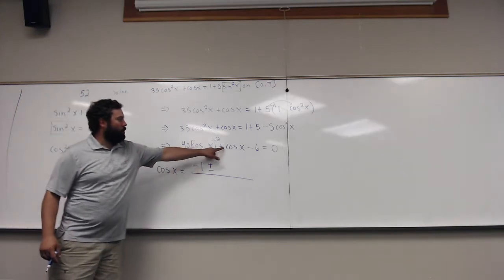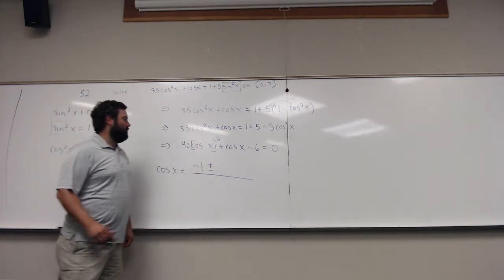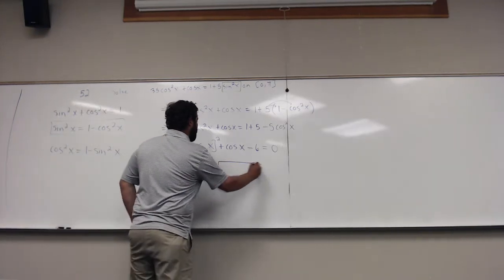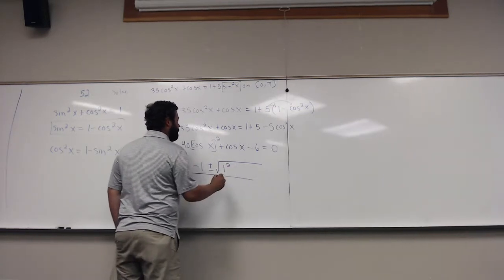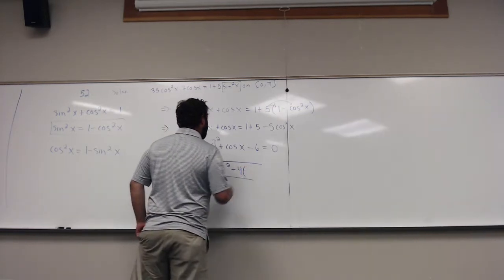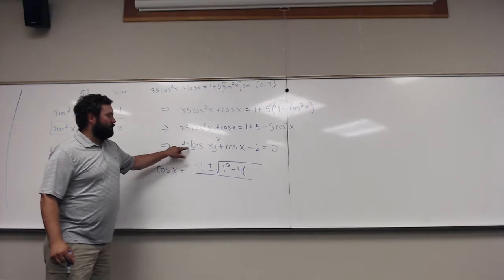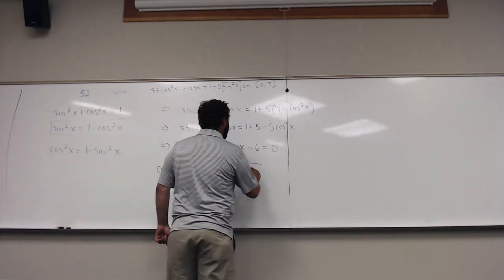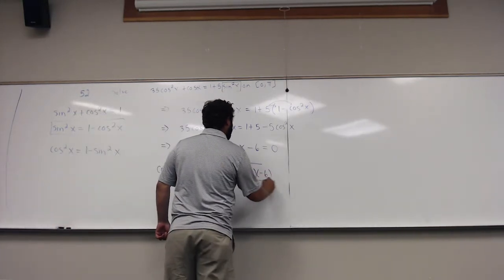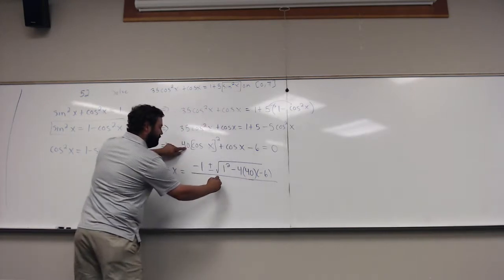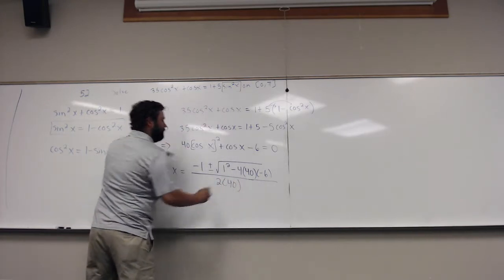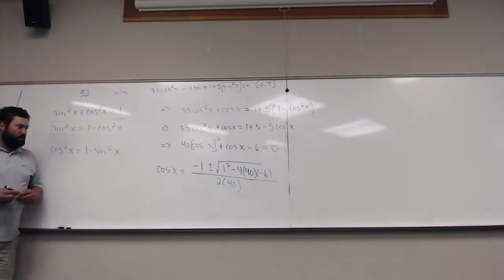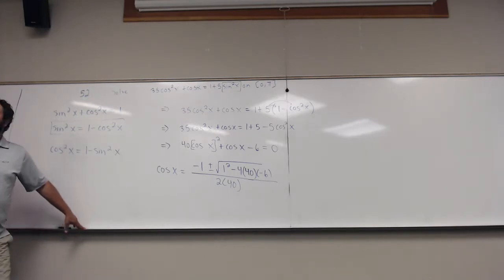My B was 1, so I did negative 1 plus or minus the square root of B squared minus 4 times A, which is 40, times C, which is negative 6. Then you divide all of that by 2 times A, so 2 times 40. Certainly for this section, you might want to review the quadratic formula.